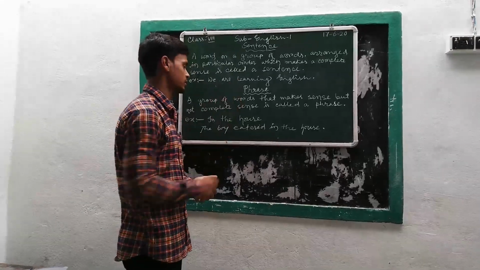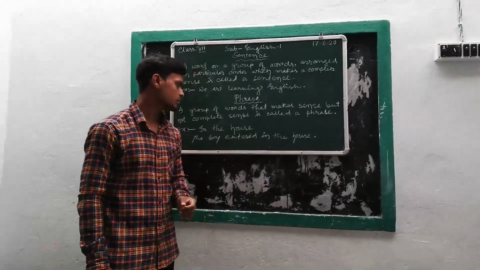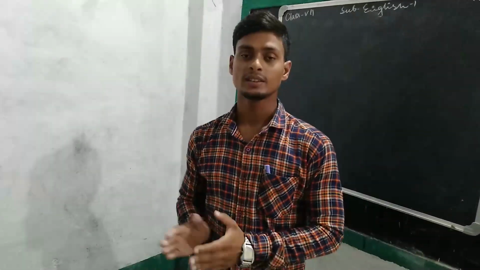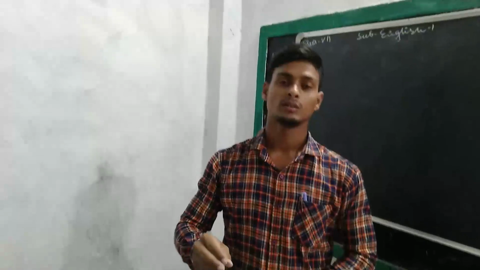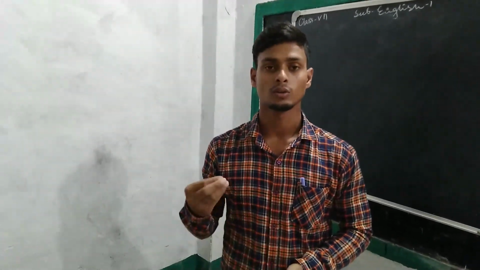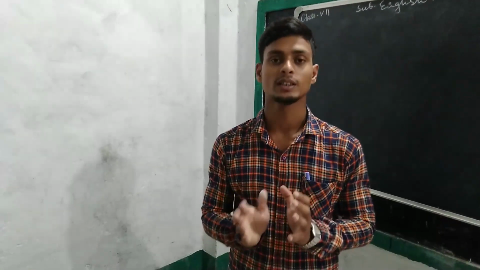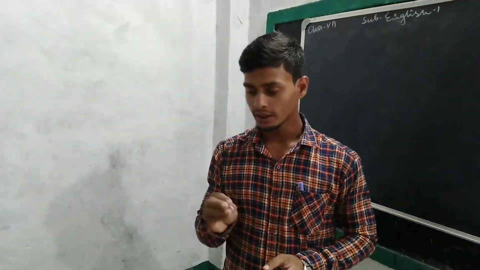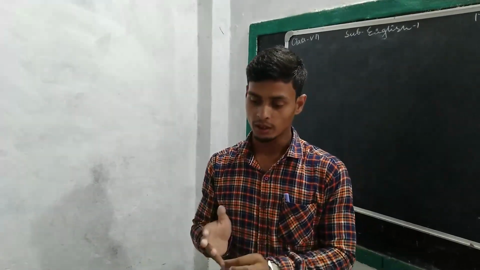This is the difference. As I said, in a sentence there is always a verb and in a phrase there is not a verb. This is the little difference, and only remember these 2 things: about the verb and arranging order.